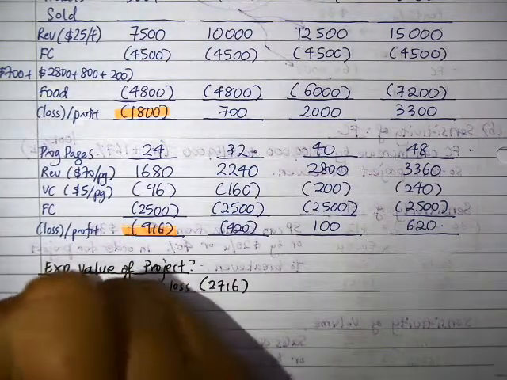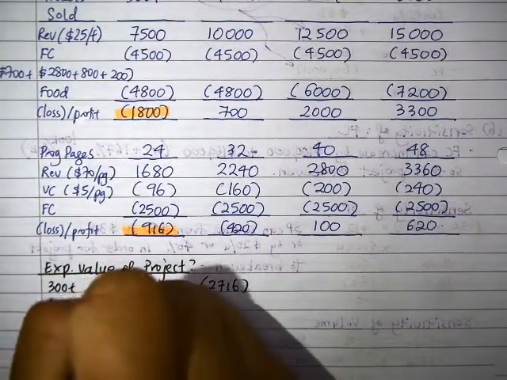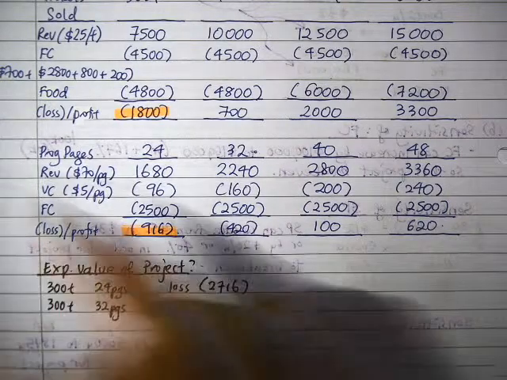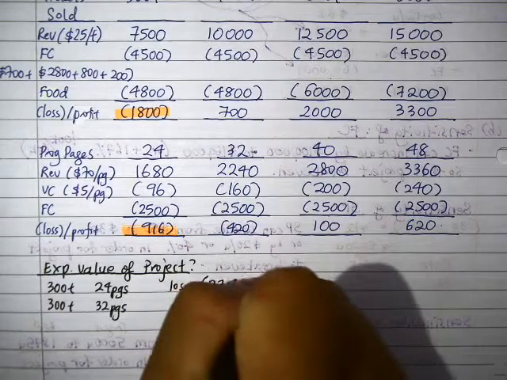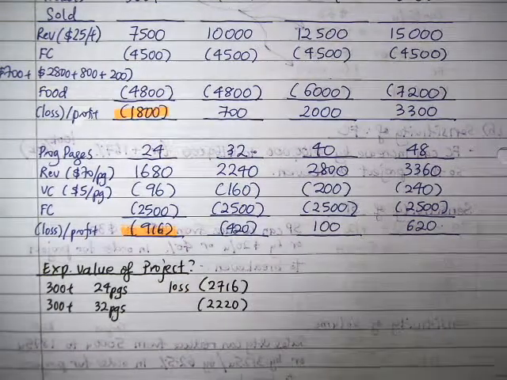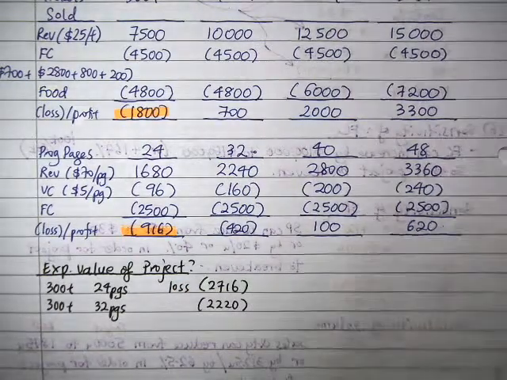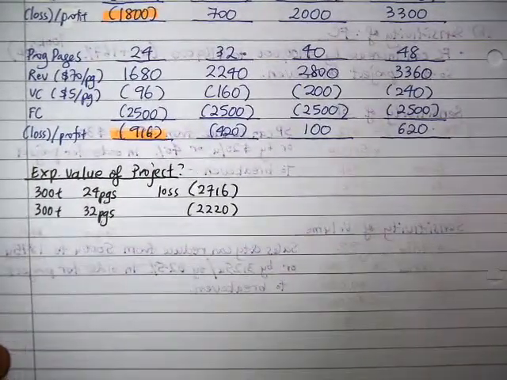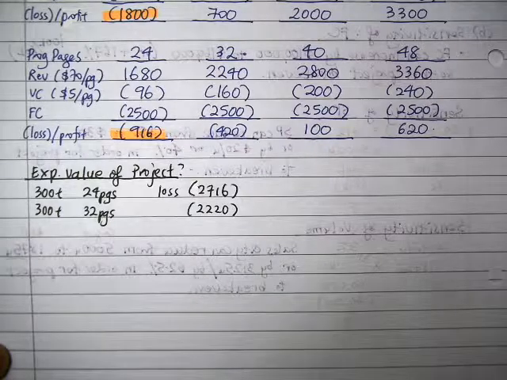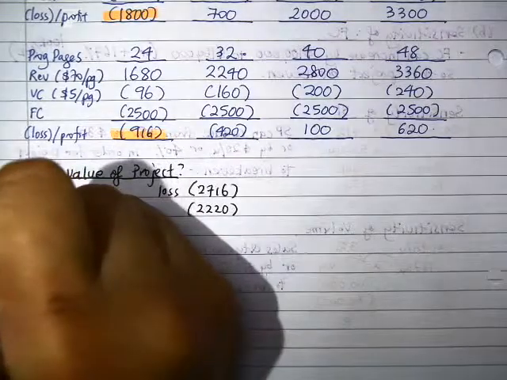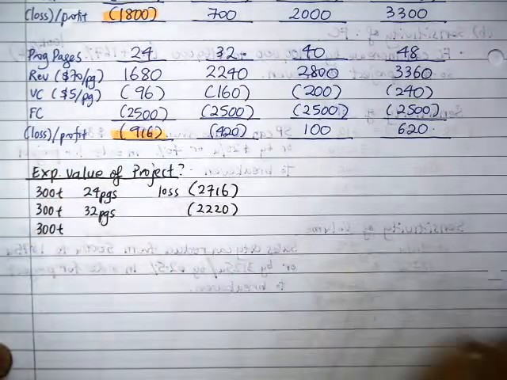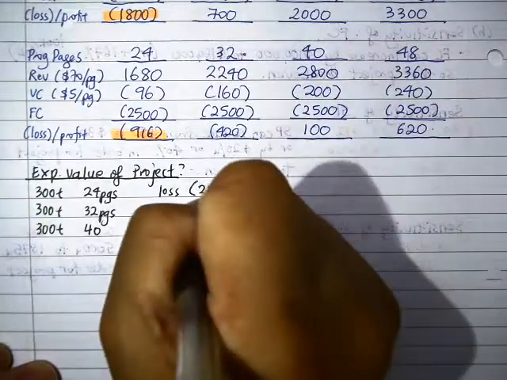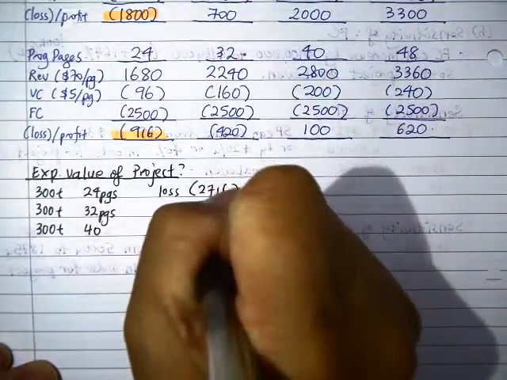Now if I have 300 ticket and 32 pages, I also make loss 2220. If 300 ticket, 40 pages, the loss is 1,007.